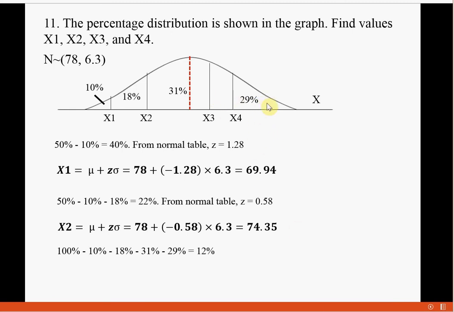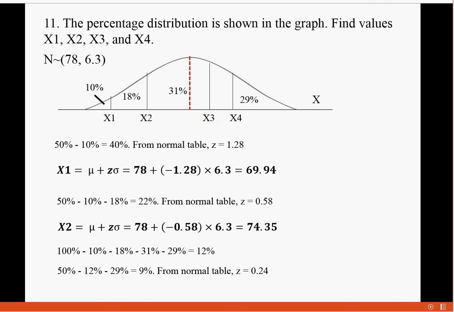You subtract 29% and 12% from 50%, and what you obtain is the size of this slice. 50% minus 12% minus 29%, 9%. From x3 to the mean is 9%.